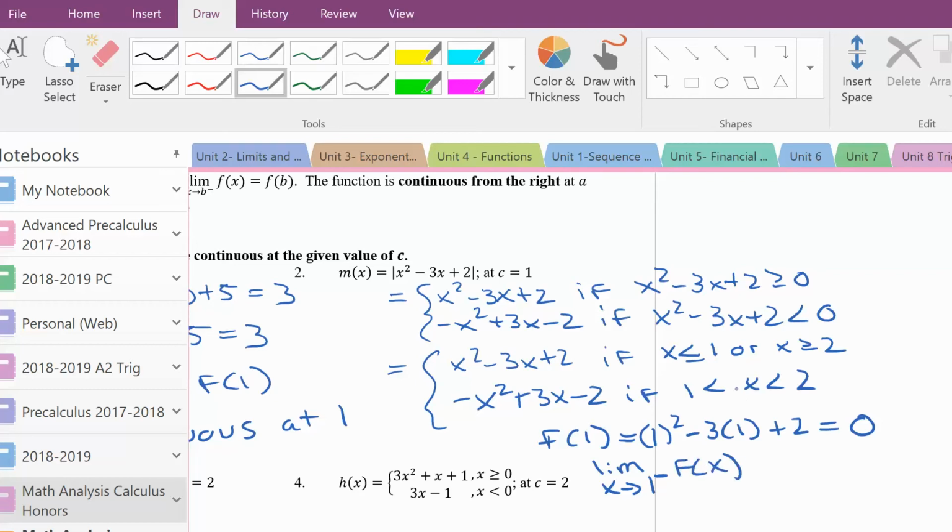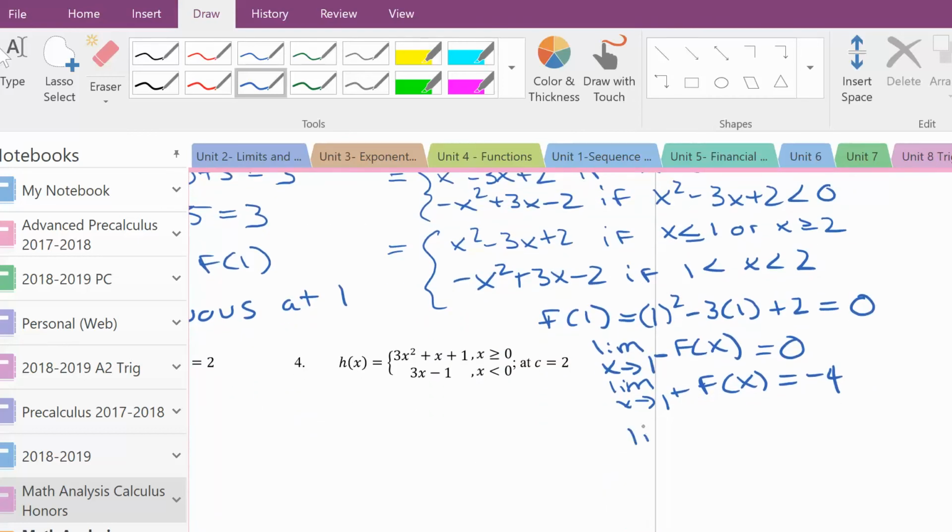From the left is when it's less than 1. So therefore, from the left here would be 0. And from the right, when it's greater than 1, which means this one here, if you put 1 in here, you get negative 1 plus 3, which is 2, minus 2, which is negative 4. So the limit from the right is actually negative 4.